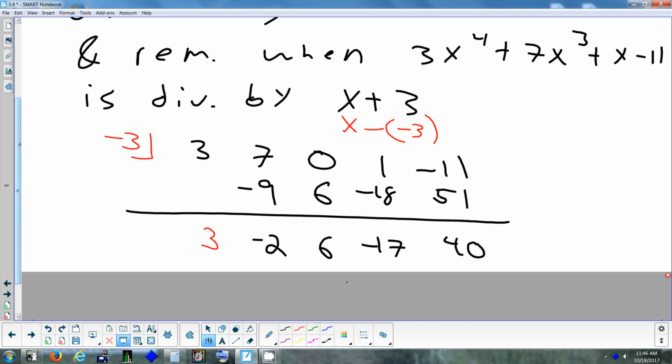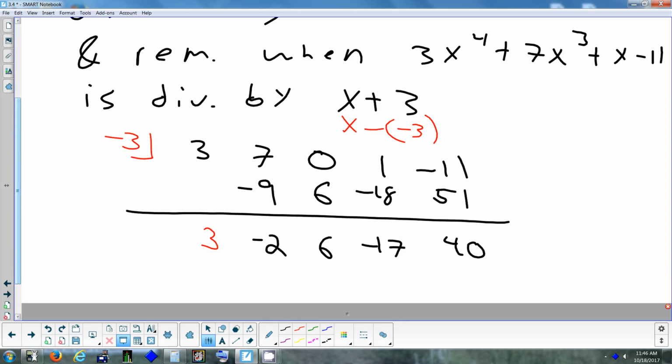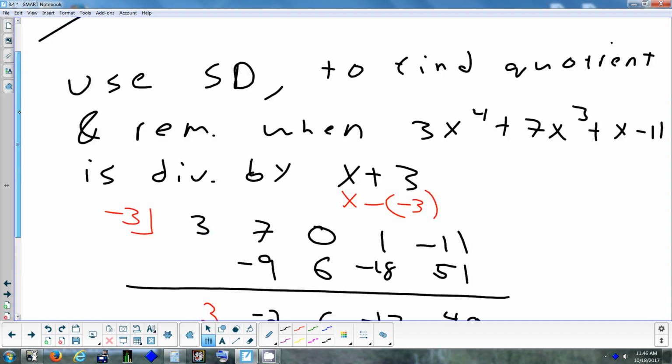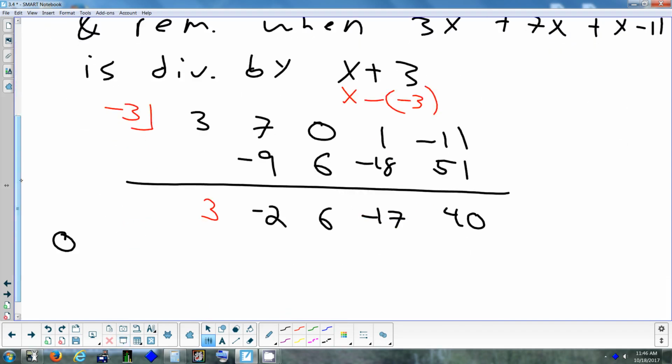So what does that mean about x plus 3? Okay, x plus 3. Well, we divided and there was a remainder that wasn't 0. So it's not a factor. So if you were trying to factor this problem, x plus 3 is not a factor. Okay, so it says write the quotient and remainder.